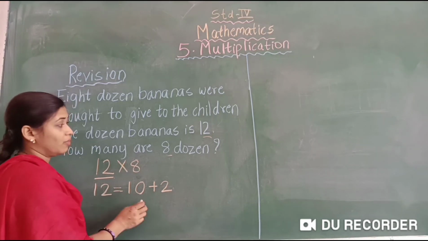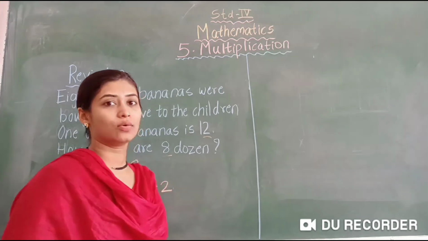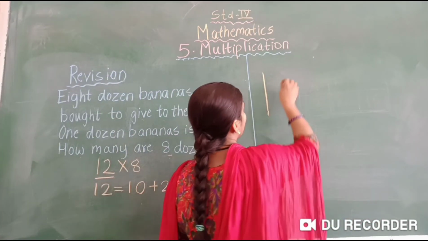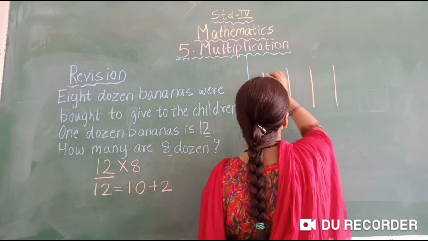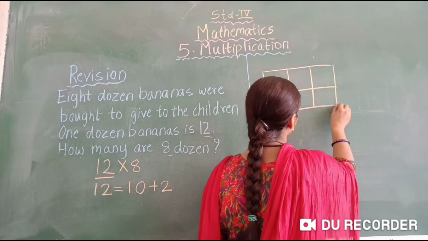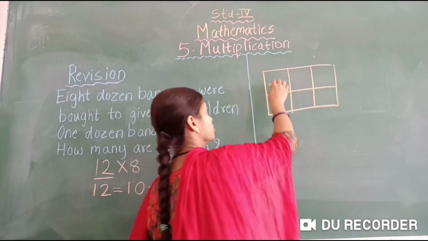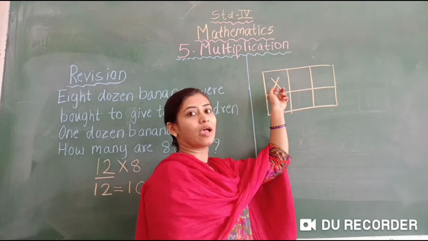In the lattice method, what do we do? We do the multiplication by drawing the columns. In this box, we have to write the sign of multiplication. What is the sign of multiplication? Have you remembered?